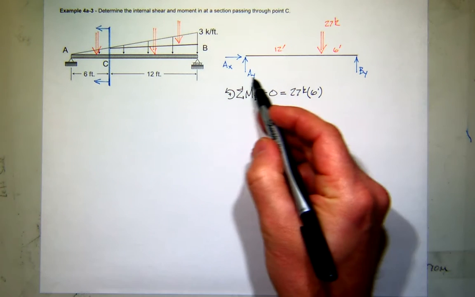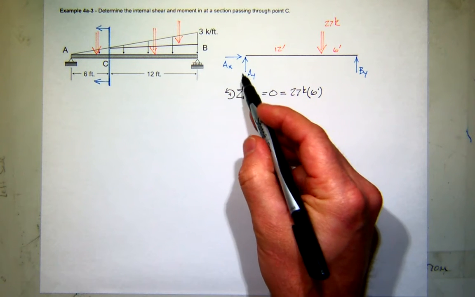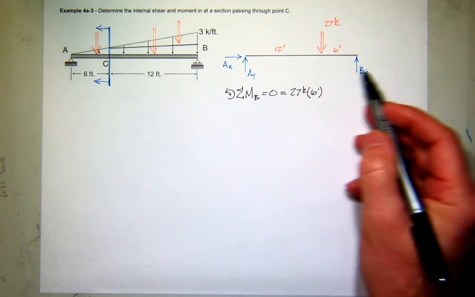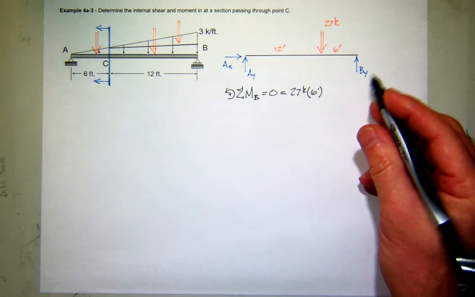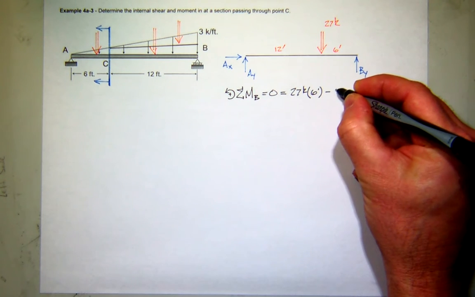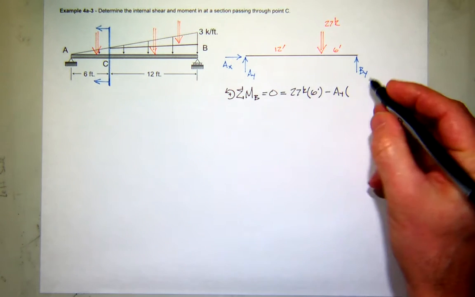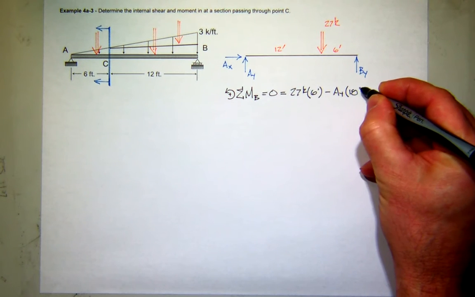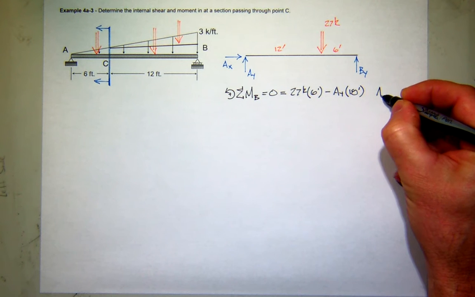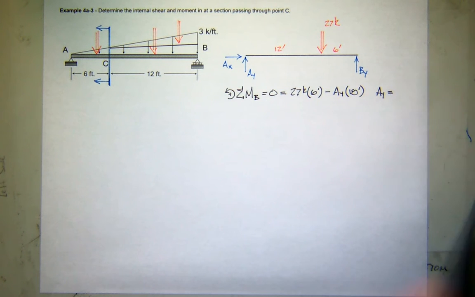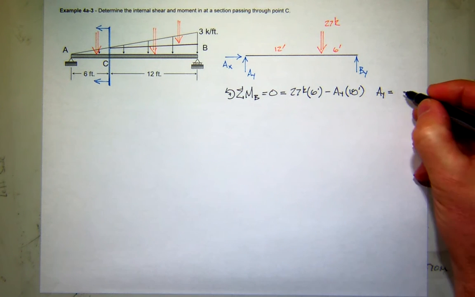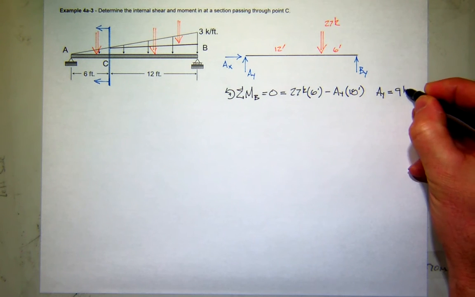Then the other force I have that creates moment is my reaction at Y. What kind of moment does that create about B? Negative. So I'll have AY, and the distance from B to A, 18 feet. So that tells me that AY is equal to 9. Is that right? Yeah. So 9 kips.